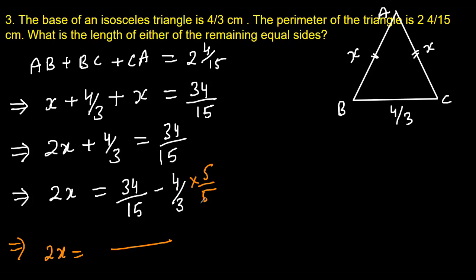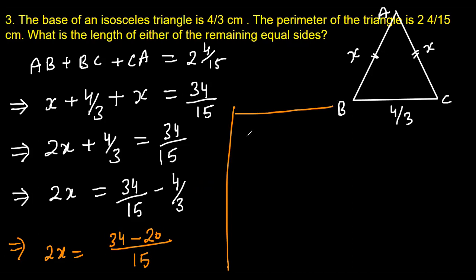You understand that? So if we take LCM 15, we can write 34 as it is, and this number was 20 by 15, so we can write 20. So we are getting 2x is equal to 34 minus 20, which is 14 divided by 15.